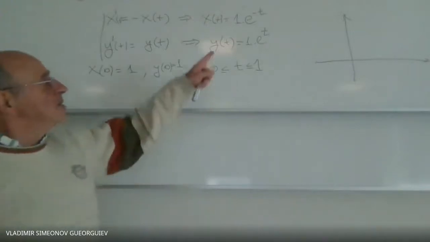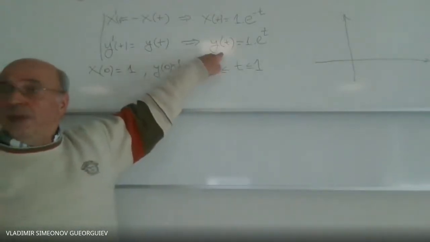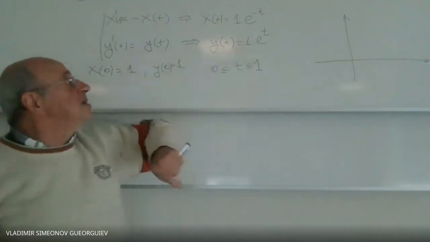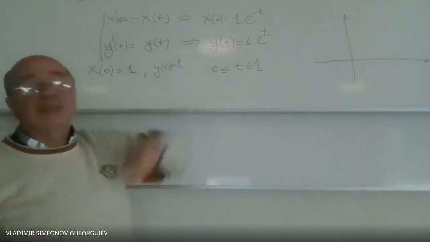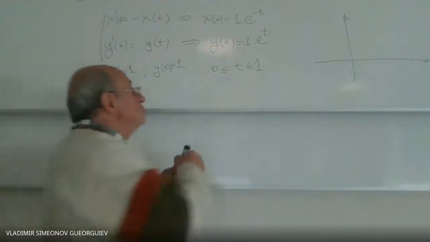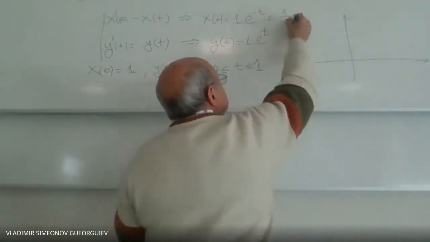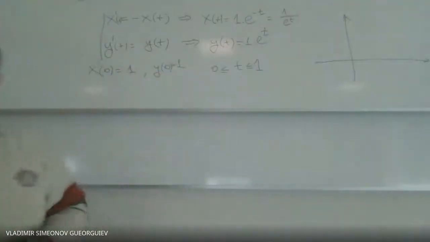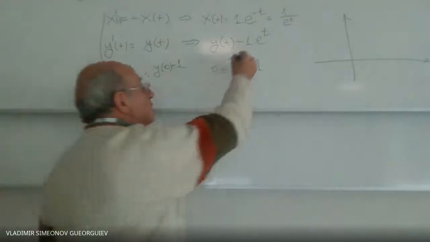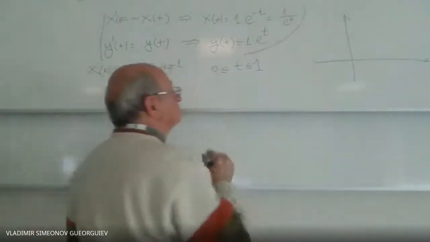In fact, if I call epsilon a to the power t, what shall be x? This a to the power minus t is 1 over a to the power t, because this is the definition of a to the power minus. Therefore, from this, we can get very simple equation for our curve.